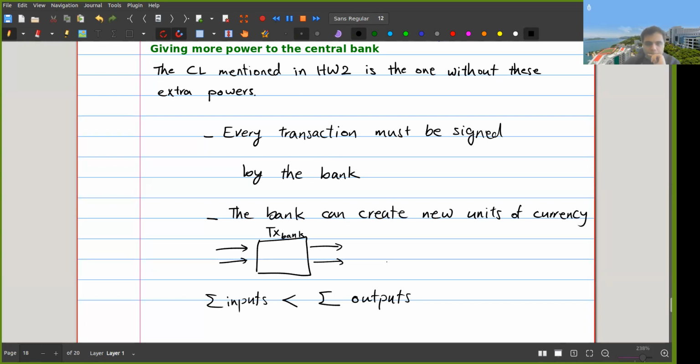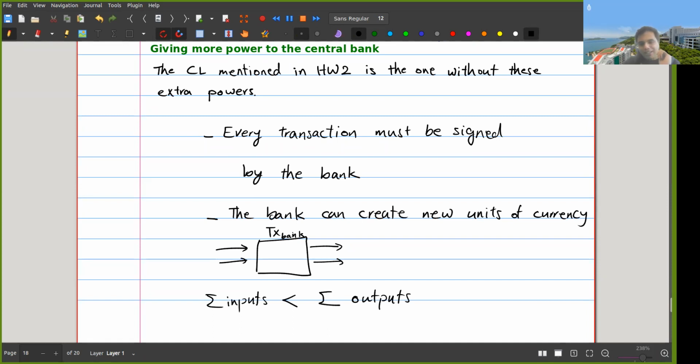Okay. Now, why do I even bring this up? Because it seems like this is the exact opposite of what we want. Well, I bring this up because this is what's called a central bank digital currency. And a lot of countries have actually implemented this thing. And they kind of call it a cryptocurrency or a blockchain or something like that.